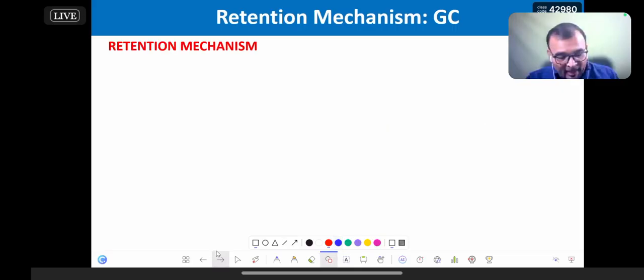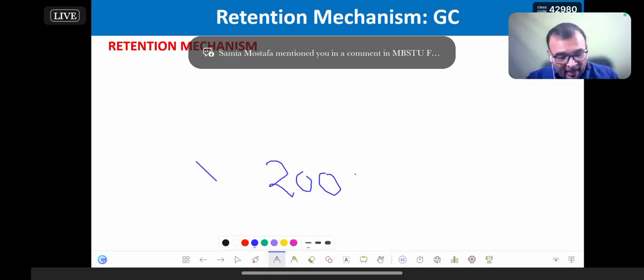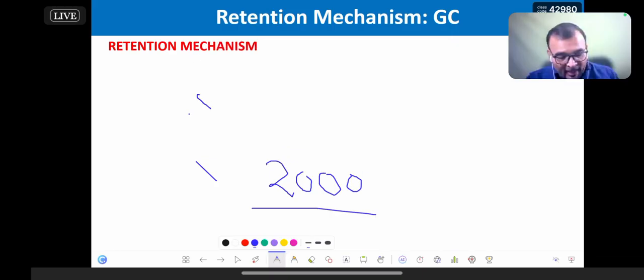See, gas chromatography, I always love talking about gas chromatography. The reason is because I learned operating gas chromatography professionally when I started my career in the industry. I operated gas chromatography the very first time somewhere around 2000. The make of the gas chromatography was Shimadzu.